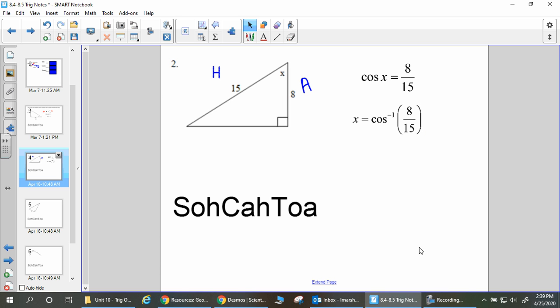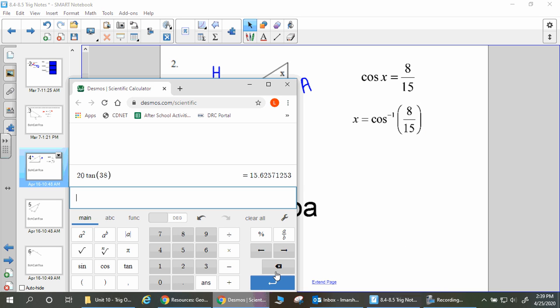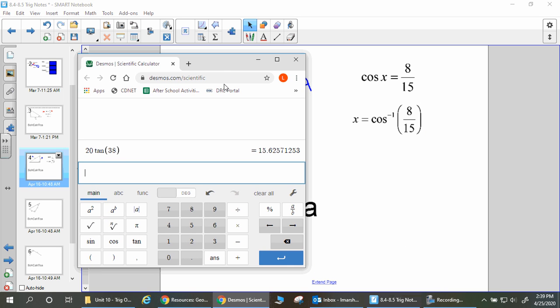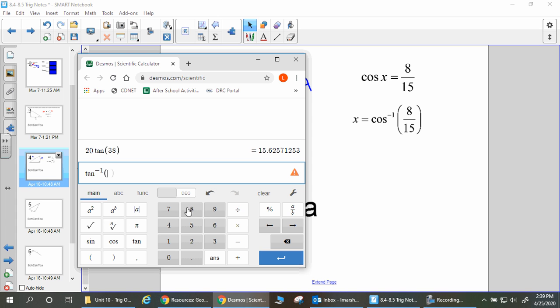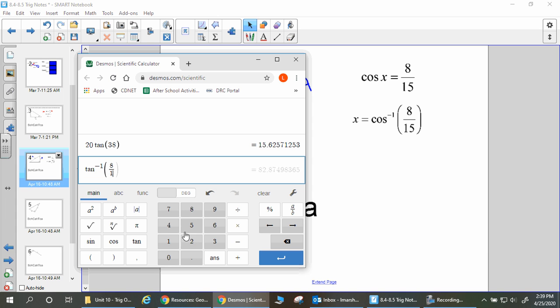Okay, so this is where if I pull that calculator back up, remember this is where I'm going to have to hit that function, or on your regular calculators, you're going to need that second button. So I'm going to need that inverse cosine, and I'm going to then need to enter 8 divided by 15.